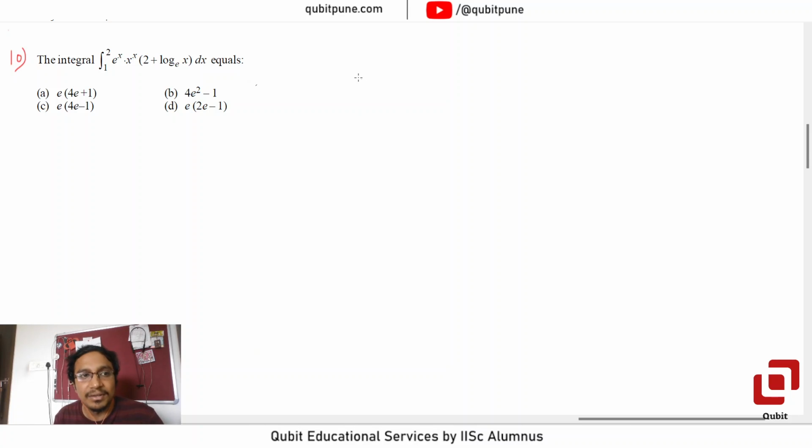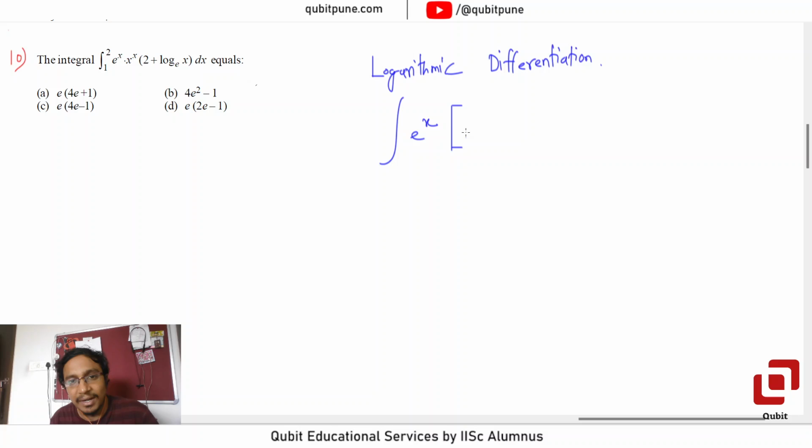This question also combines many things. Firstly, it uses logarithmic differentiation. Secondly, it makes use of the fact that if you have something of this kind, which just came in the answer, after substituting it becomes: integral of f of x plus f dash of x, dx is e raised to x f of x plus c.